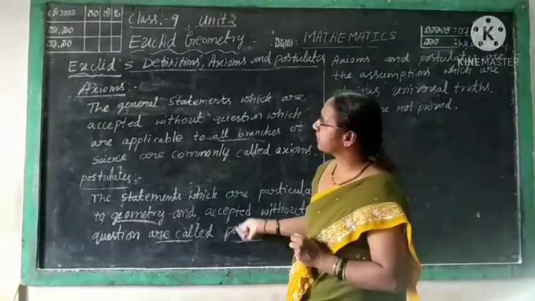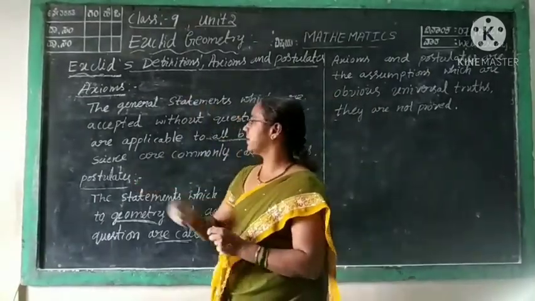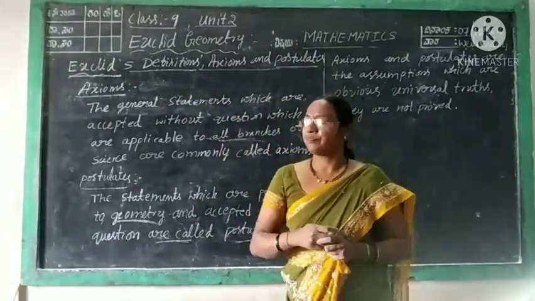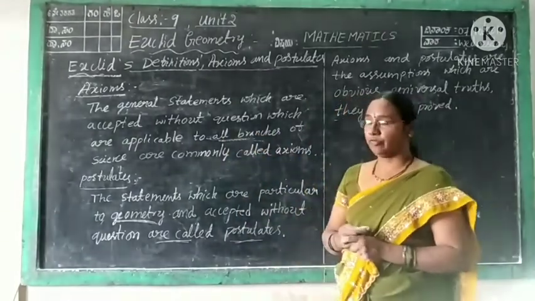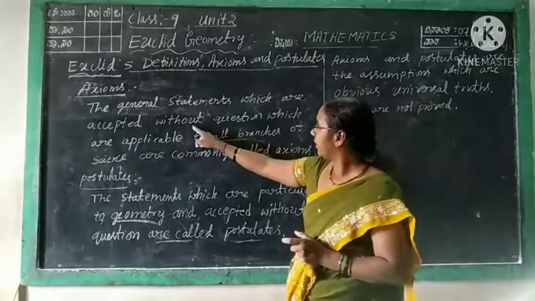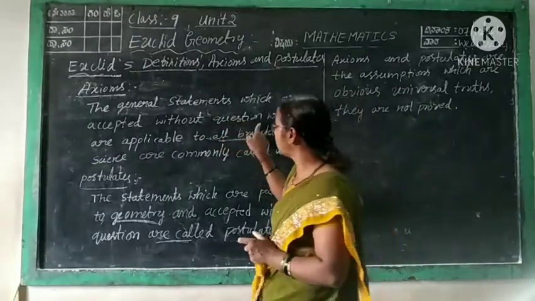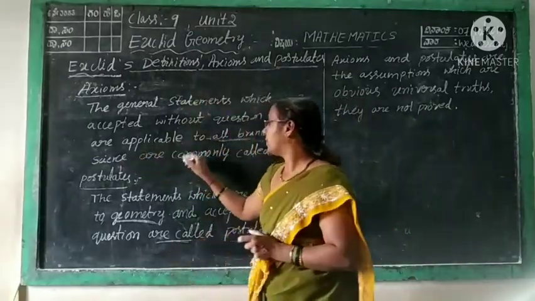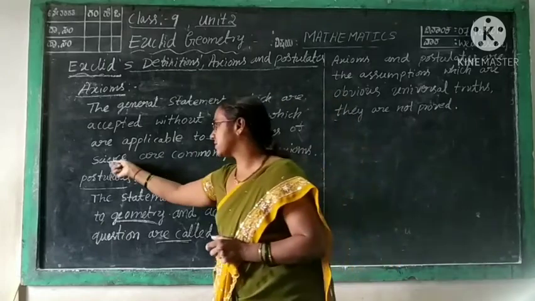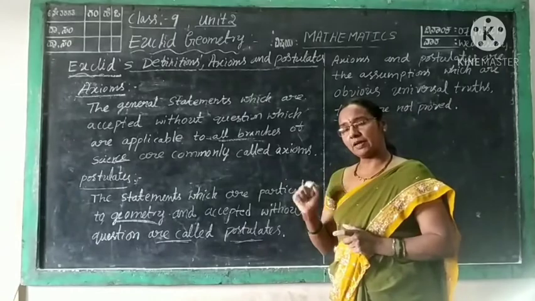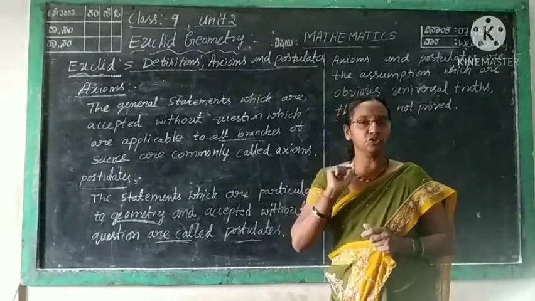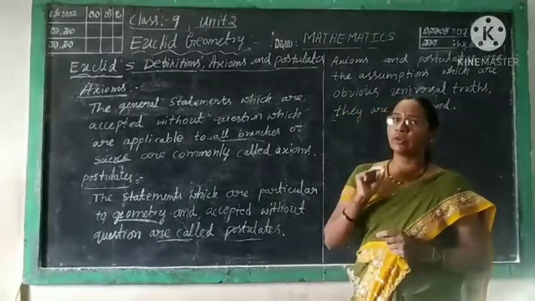The difference between axioms and postulates is that axioms are applicable to all branches, while postulates are applicable only to geometry, accepted without any questions.